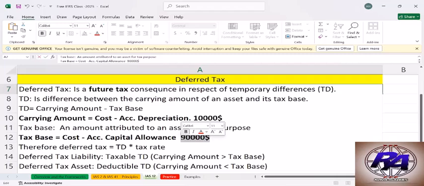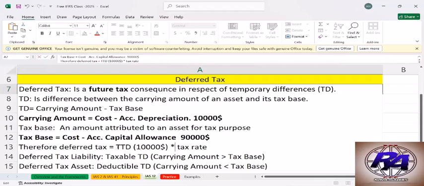So in this case, our temporary difference will be a taxable temporary difference of $10,000, the difference between the carried amount of the asset and its tax base. But we know that the carried amount is greater than the tax base, so it is taxable temporary difference.